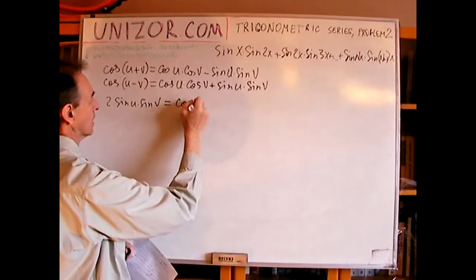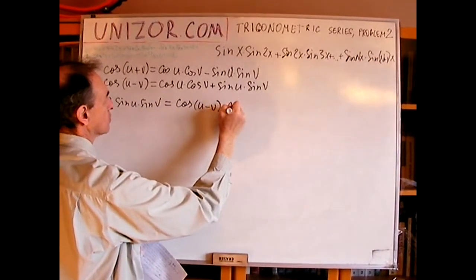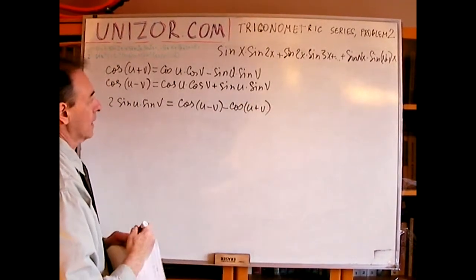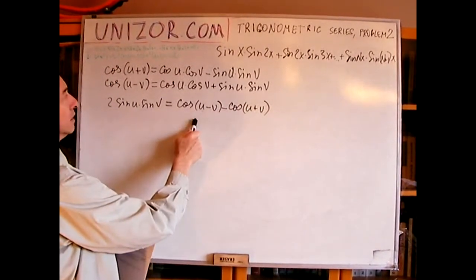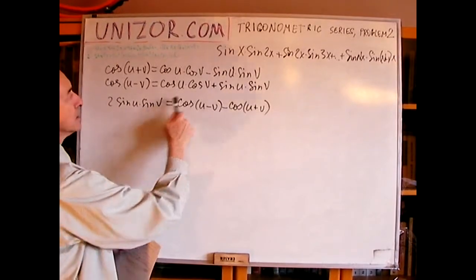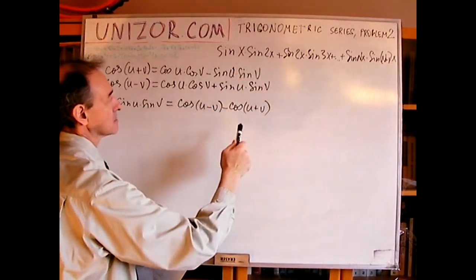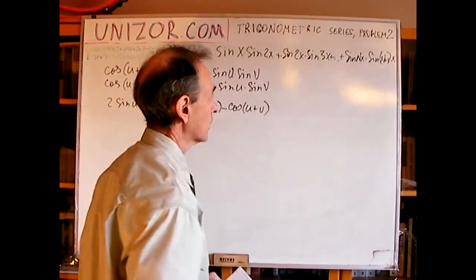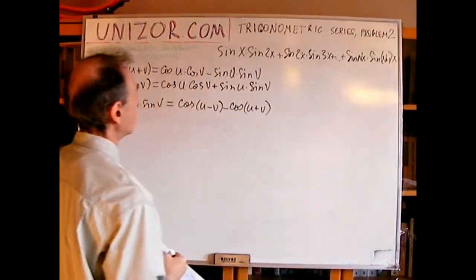So it's cosine of u minus v minus cosine of u plus v. So that's the formula. Now, if I use this formula for u and v equal to x and 2x, and then 2x and 3x, and then etc., nx and (n+1)x, well, let's see what happens.